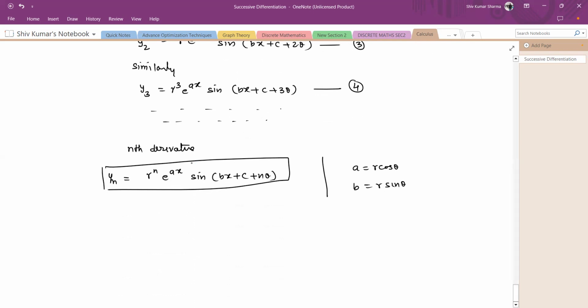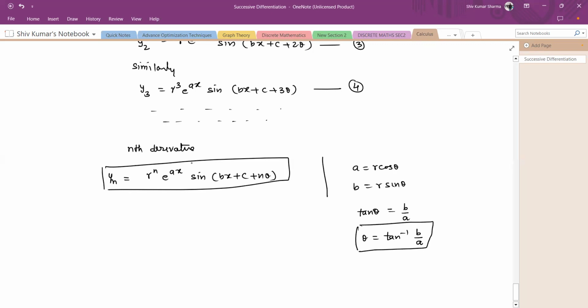So this gives us tan theta, tan theta is equal to b upon a. So this gives us theta equal to tan inverse b upon a.